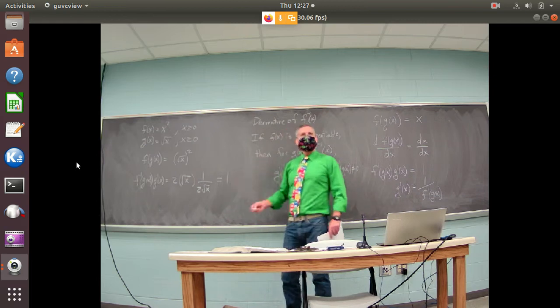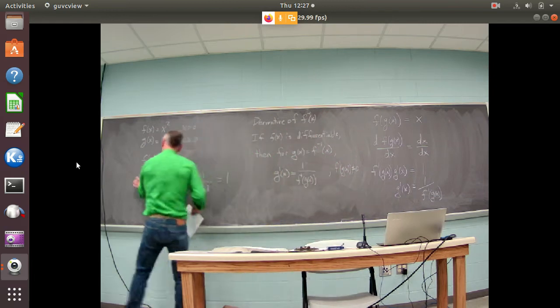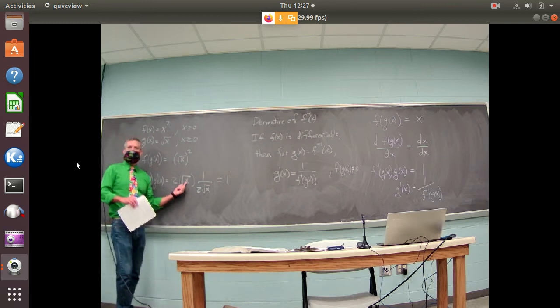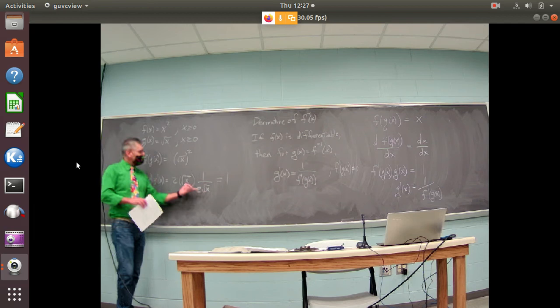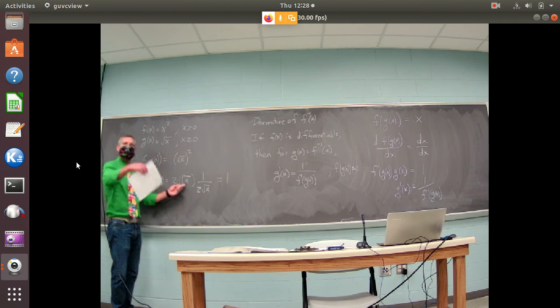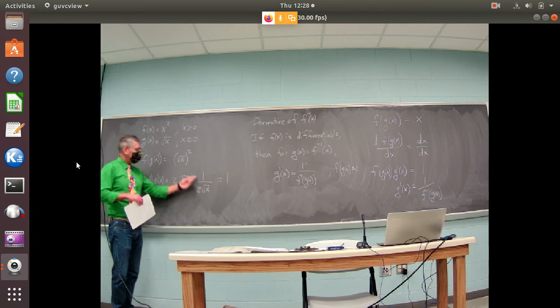But notice what happens, that as f prime of g of x goes to 0, this goes to positive infinity, but they both go in such a way that the limit of this whole thing as x goes to 0 from the right is 1.